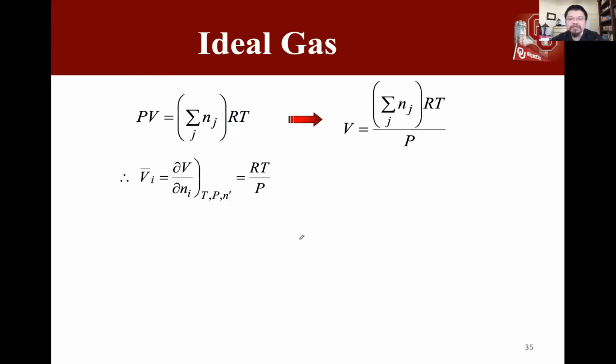So let's move on to see what I have. So now this is the equation we have. Now if you look at it, R is a constant, T is a constant, P is a constant, so we can have PVT.